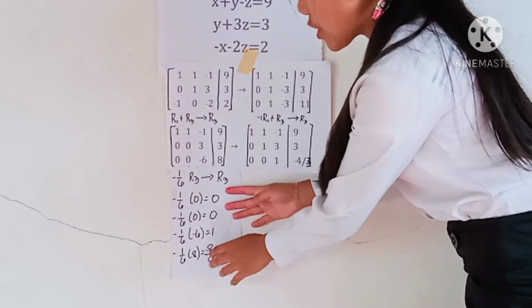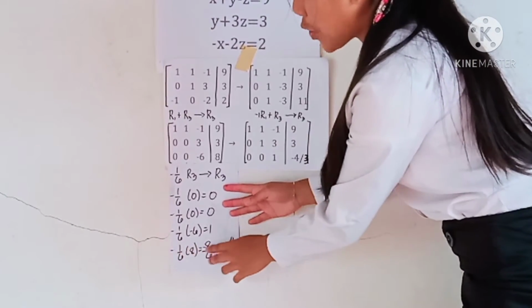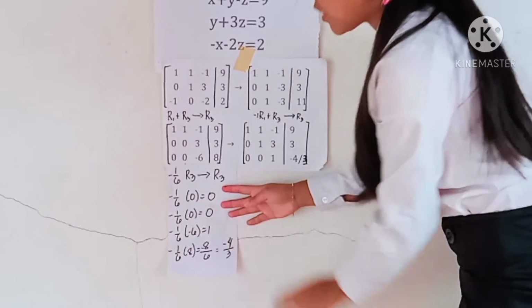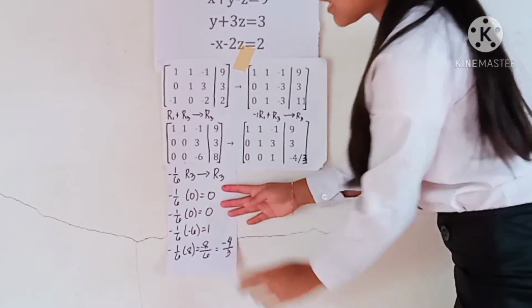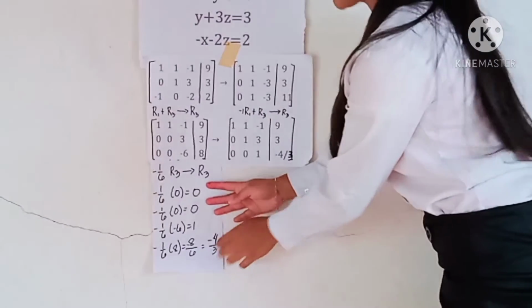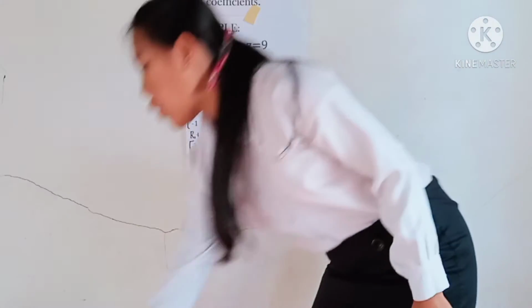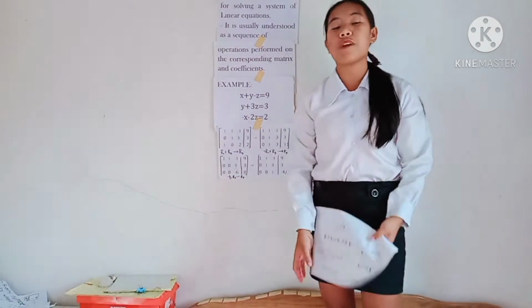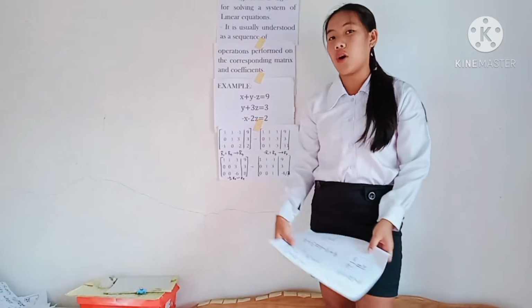The last number is negative 1/6 multiplied by 8, which is negative 8 over 6, or in simplest form, negative 4 over 3. We can now find the value of x, the value of y, and the value of z.